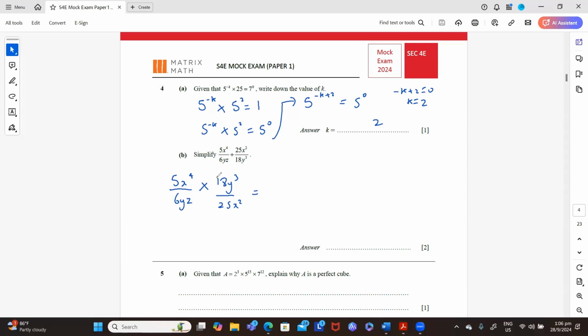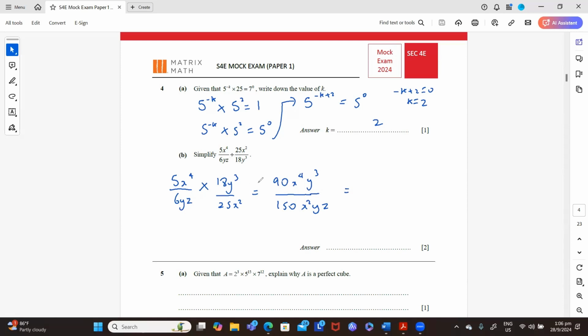So 5 times 18 is 90, so write down 90. Then you just write down x to the power 4, y to the power 3 over 6 times 25 is 150. There's x squared, y, z. So once you're done here, now all you have to do is simplify. The number will simplify with the number, x will simplify with x, y with y, and z with z.